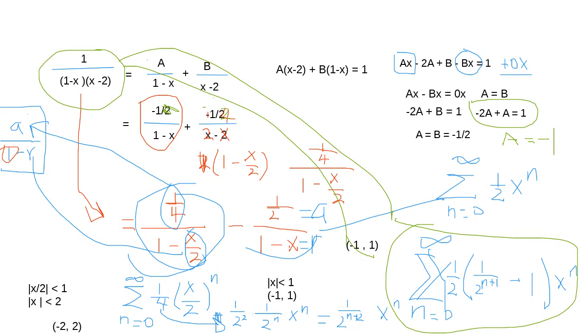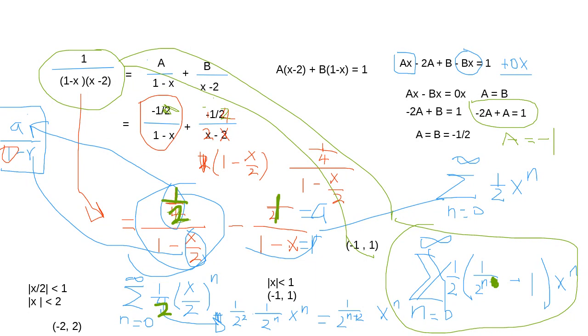So let's change. This is a half. That means this is just 1 over 2 raised to n, with no plus 1. And the second one is -1.